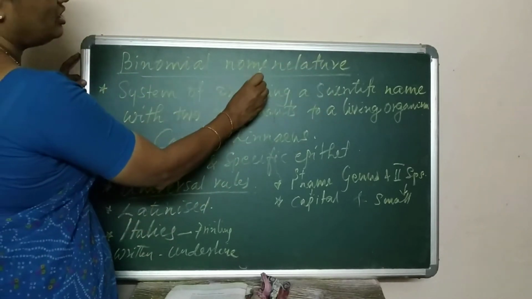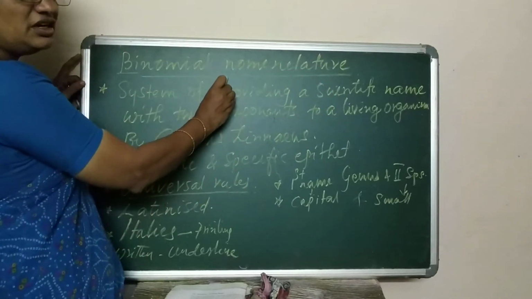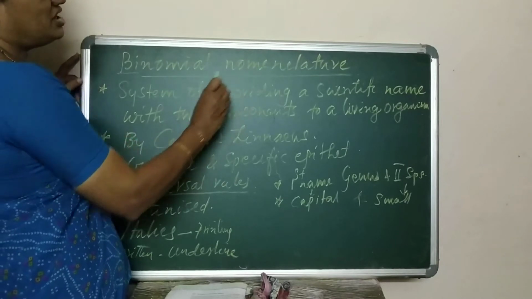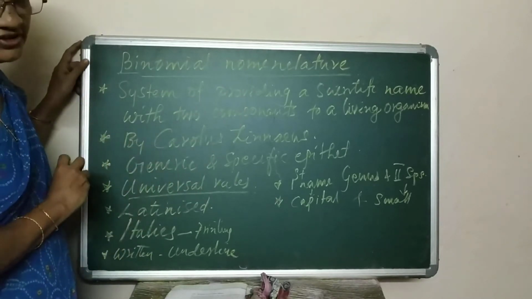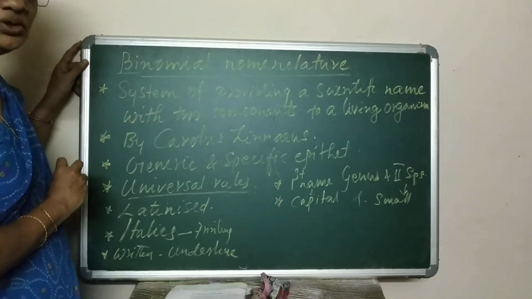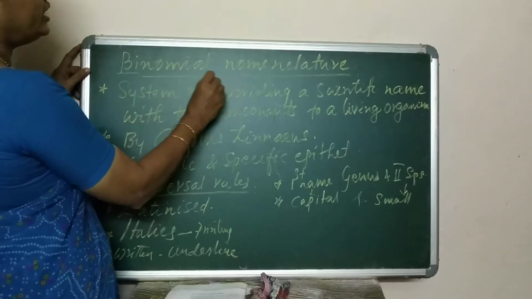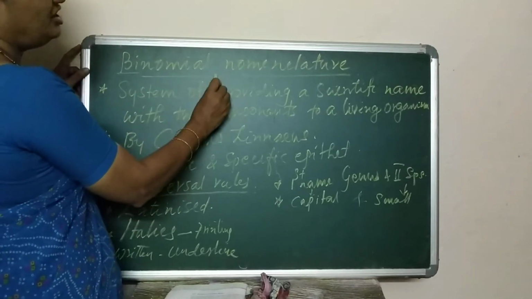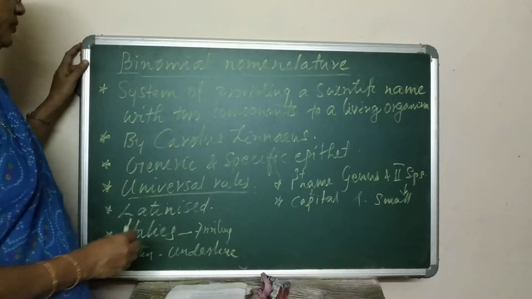Binomial nomenclature. In this process, in this naming, each name consists of two components. How many components are there? Two components. That is why we call this naming process binomial nomenclature.